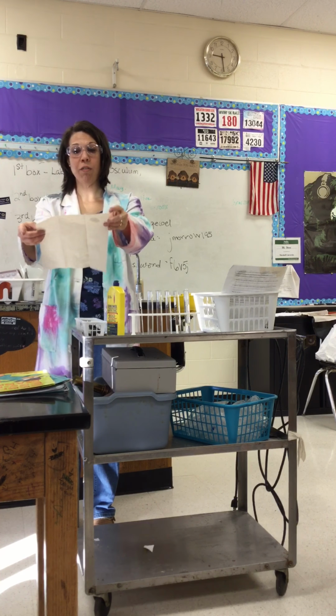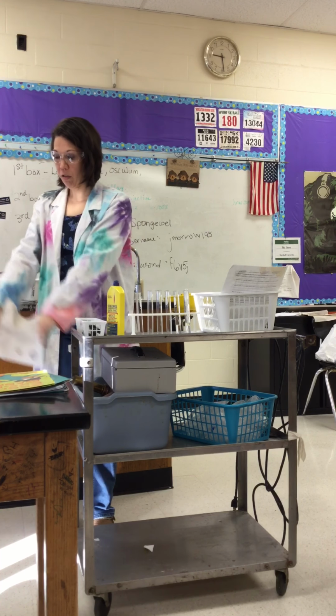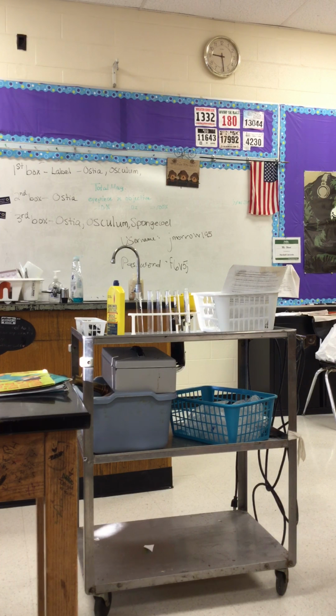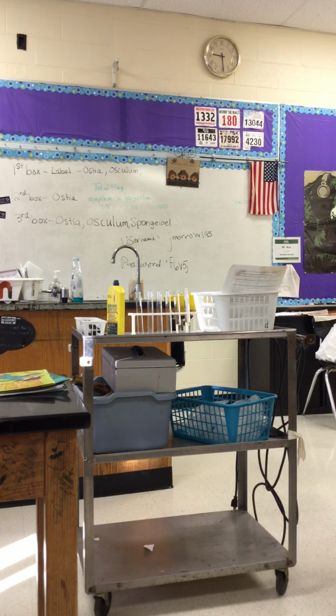You can wave it to get it to dry, it's still wet right now. But look at the difference. You see the difference between the spots? This will dry, but you can almost see through that grease spot. So you're going to get to do those today.